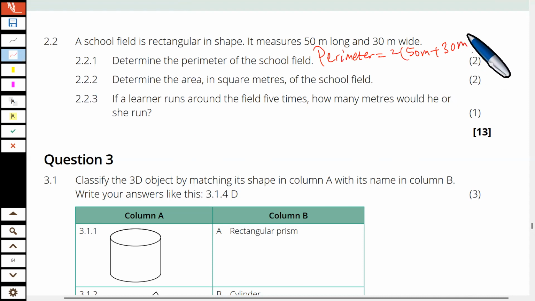Fifty plus 30, what is this? It is 80 by 2, 160.